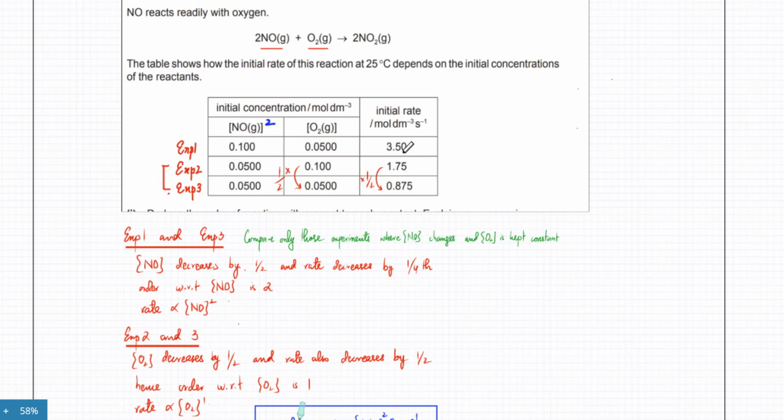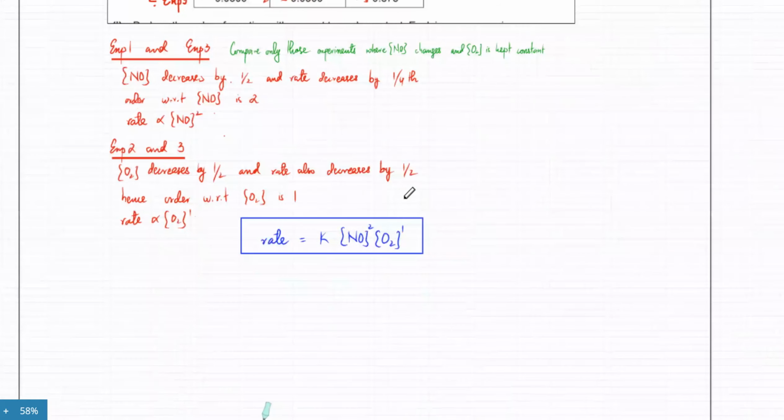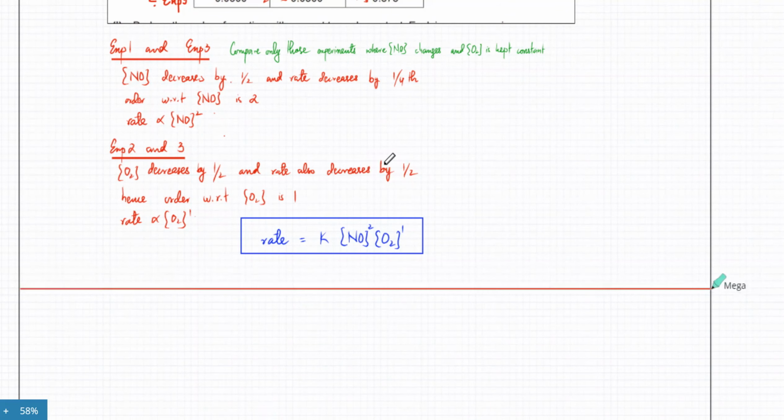So that is order 2. If you compare experiments 2 with 3, then O2's concentration is halved and the rate of the reaction is also halved. That's directly proportional, so that means it's order 1. You can figure out the order by just looking at this. You can do multiple experiments and compare them.